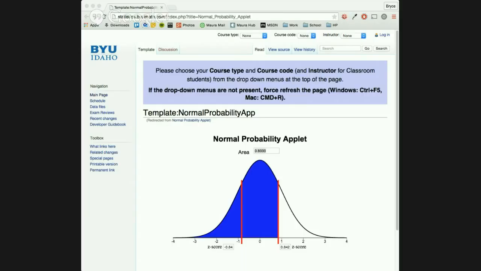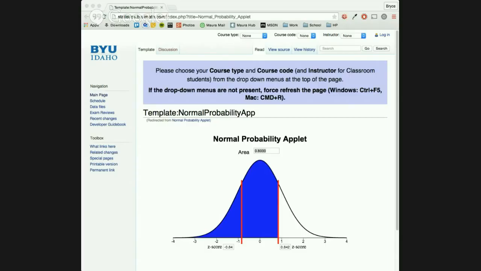Okay, so you have negative. Let's see. Here it says calculating percentiles as a normal distribution. Percentile is the number such that a specified percent of the data are at or below that number. So to find the z-score corresponding to the 90th percentile, click on the regions of the graph so that the area to the left of one of the bars is shaded and nothing is shaded to the right.